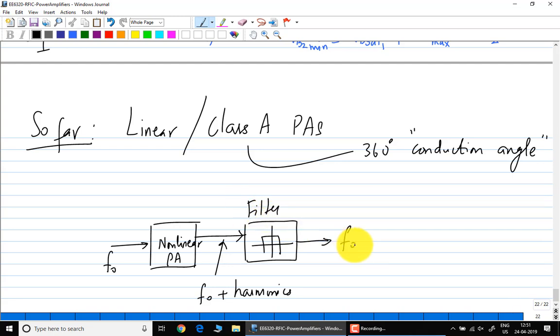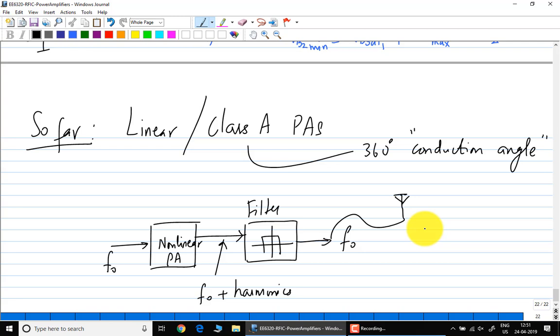Okay, and then this can go to the antenna. You understand? Otherwise it can't. You can't put out junk. Now that filter can be explicit, it can be built into the matching network, all of that. Right? You can build the matching network such that it filters.